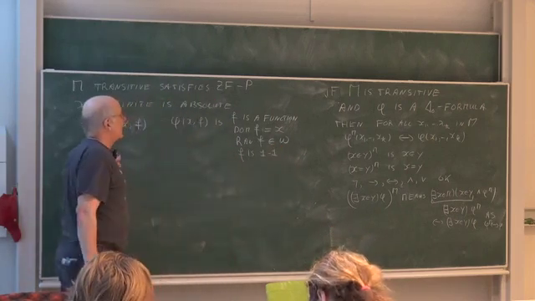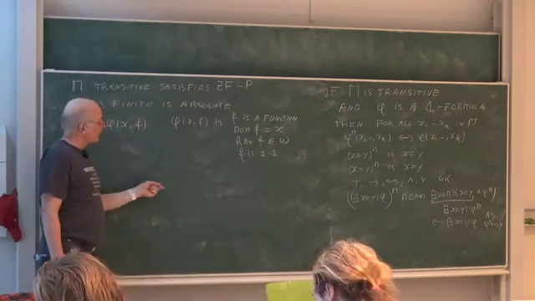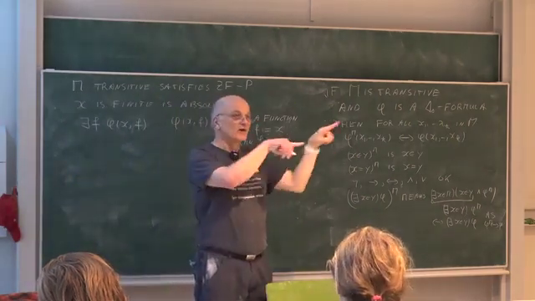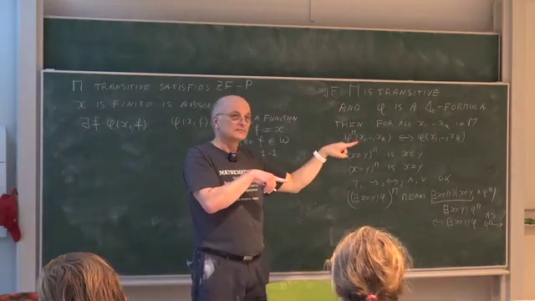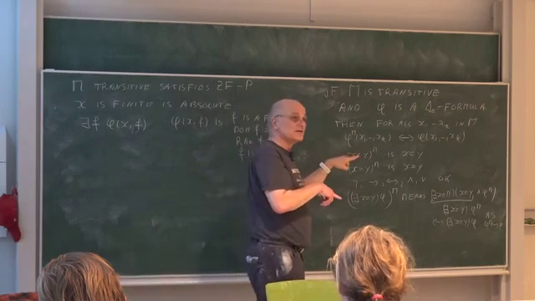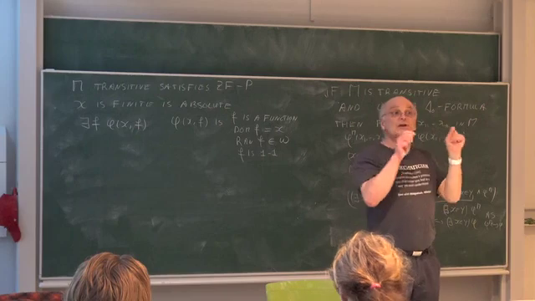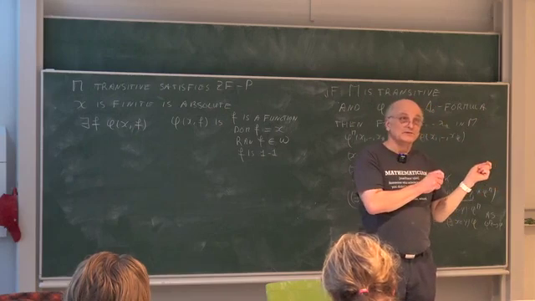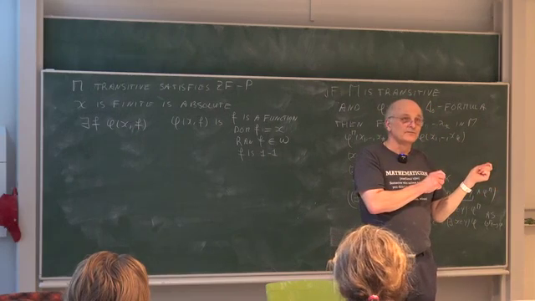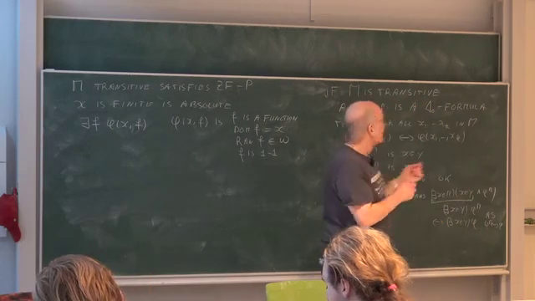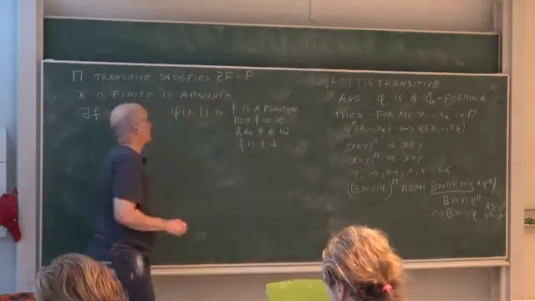Now, what I had on the board was that Z is equal to X comma Y. So that was delta zero. So now Z is an ordered pair. Is that delta zero? Well, in fact, it is.